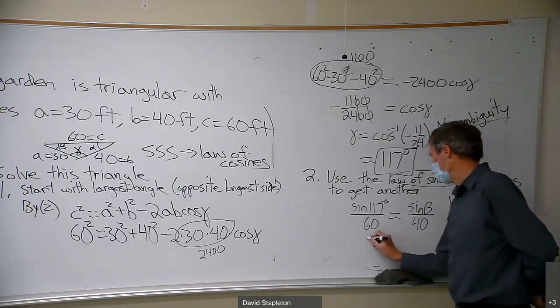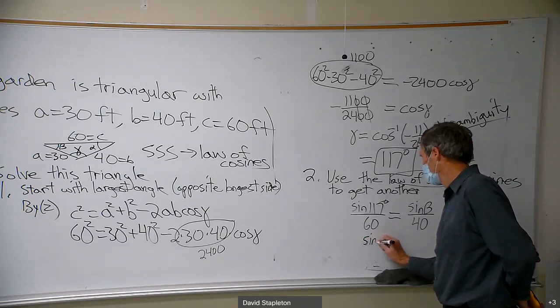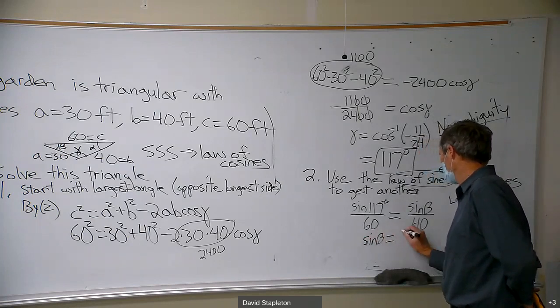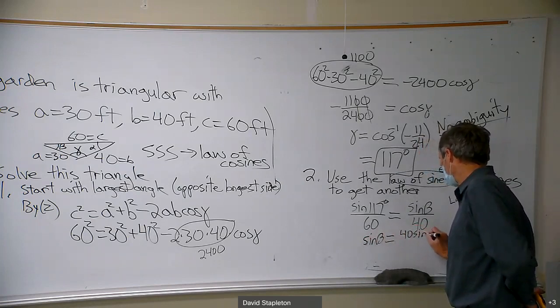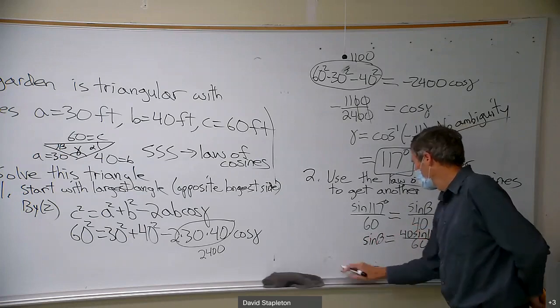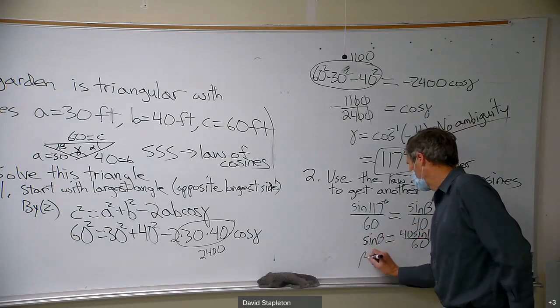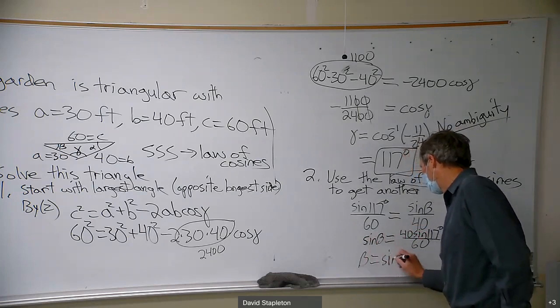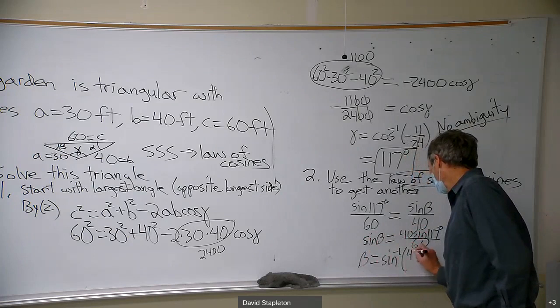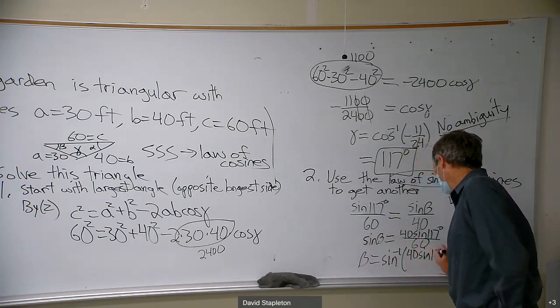Multiply by 40, and I've got sine beta equals 40 sine 117 over 60. Evidently, one solution is beta equals the arc sine of 40 sine 117 over 60.